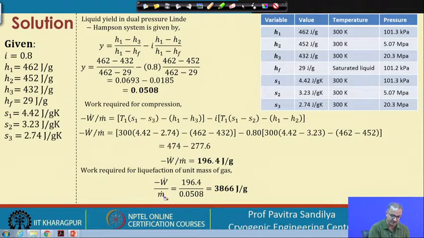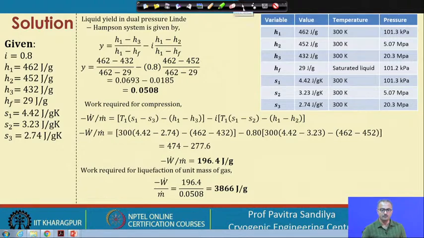And you know that mf by total m is equal to y. So from this relationship you can see how we can get the amount of liquefaction per unit mass of the gas liquefied.